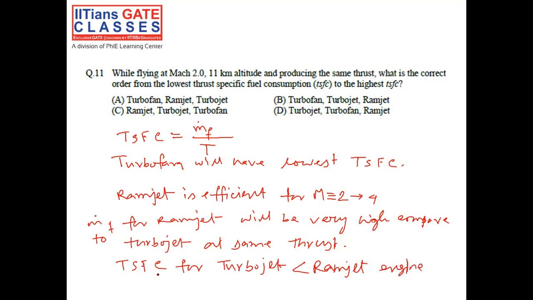So the order of the TSFC for these three engines will be turbofan, then turbojet, then ramjet. So option B is the correct answer, and this is also a 1 mark question.